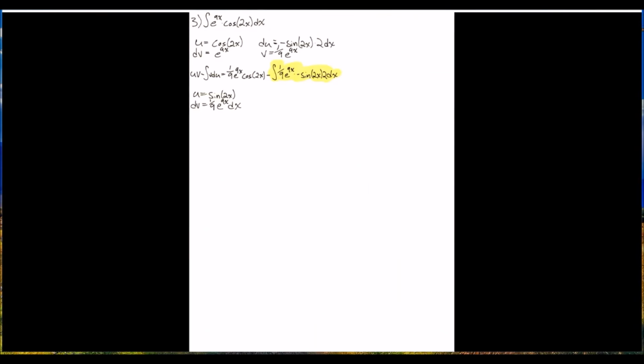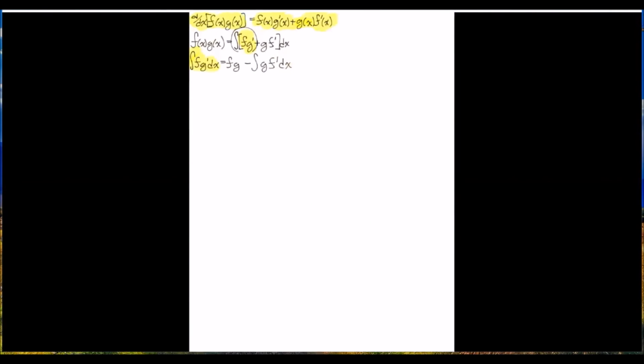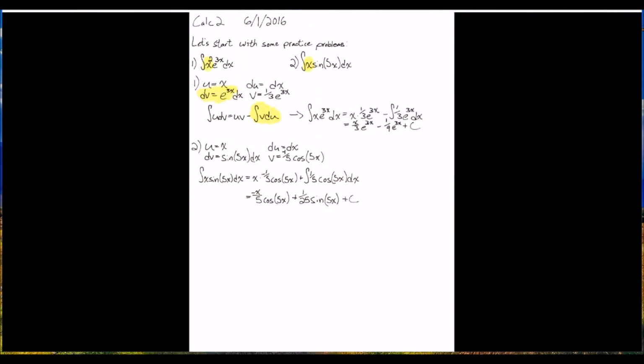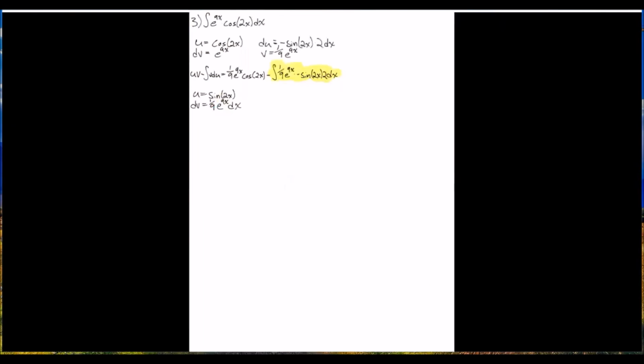And then our integral is this uv minus this v du, and that's back from over here on this page. We've got this guy here. This is what we're using, and that's just me writing it out. So we're finding this integral, those things are equal.